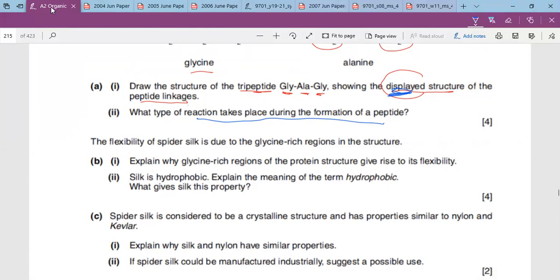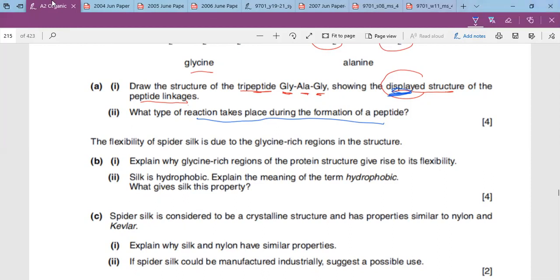So they have to break down the protein into smaller pieces to see the composition. To form protein is called condensation. To break down protein is called hydrolysis, because an amide linkage can undergo hydrolysis. Remember that? We did it before.